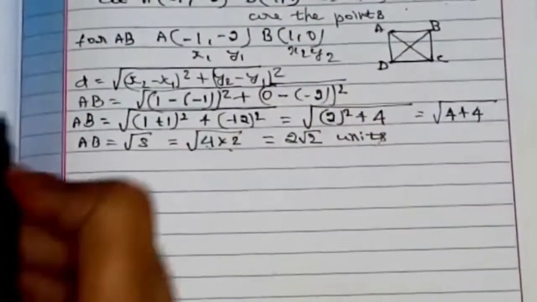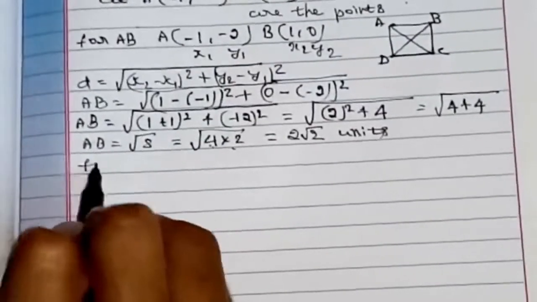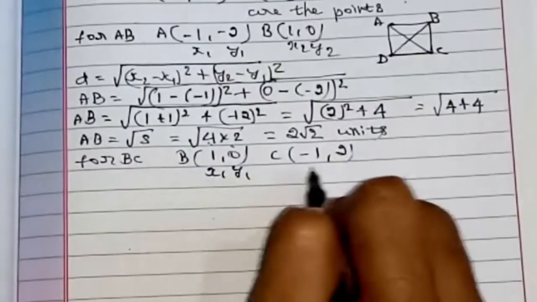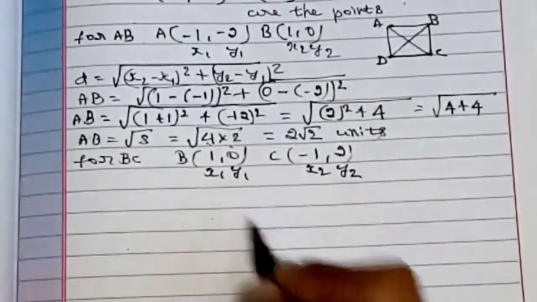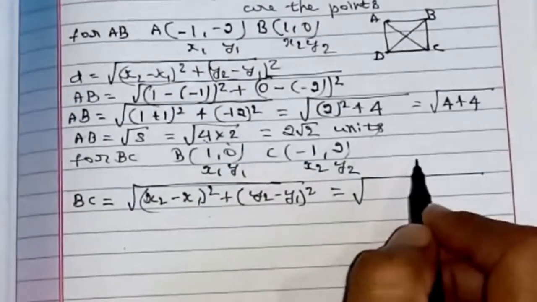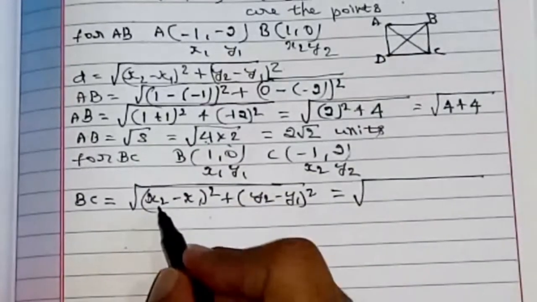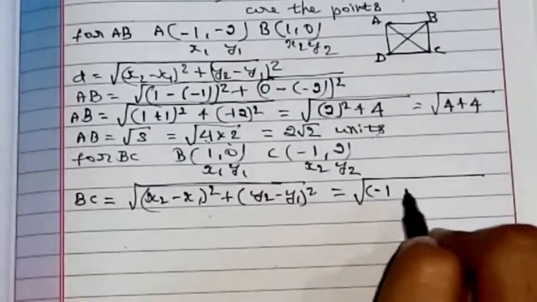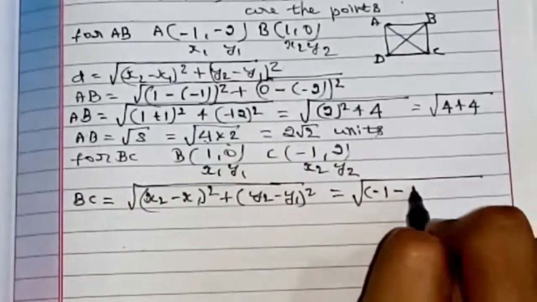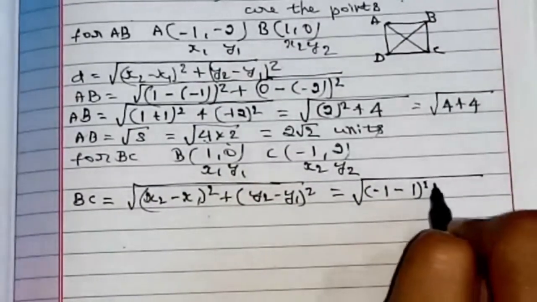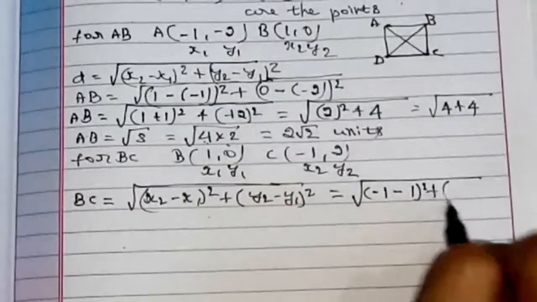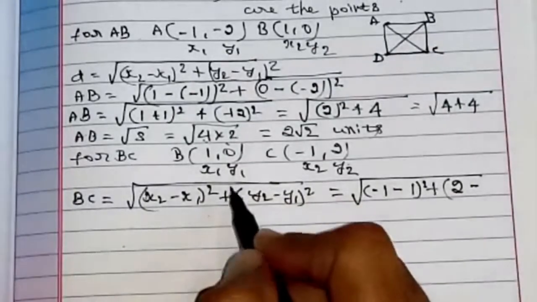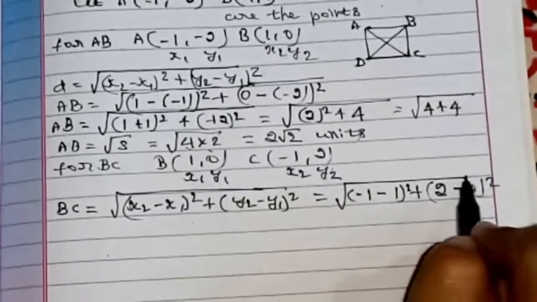For BC, as usual write down this one as x1, y1 and this one as x2, y2. Now apply the formula: the square root of (x2, which is minus 1, minus x1, which is 1) whole square plus (y2, which is 2, minus y1, which is 0) whole square.